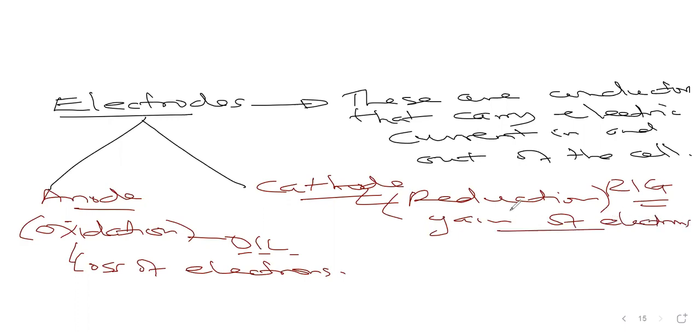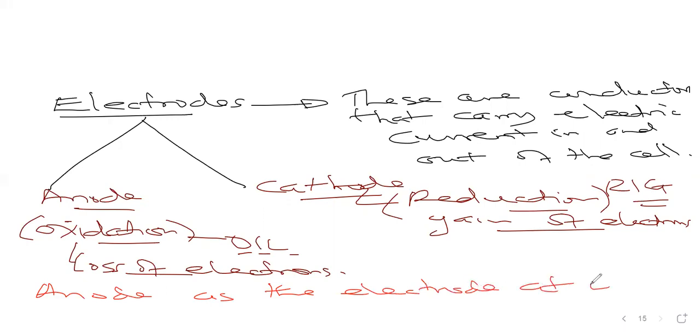So from those terms, I can get the definitions of each. And therefore I can define the anode as the electrode at which oxidation occurs, or the electrode at which loss of electrons occurs.